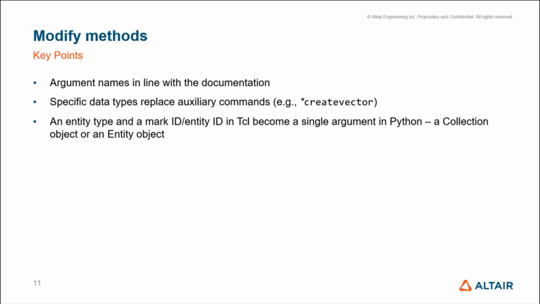Also, the signatures of those functions have been simplified to quite some extent. Wherever you see in TCL entity types in a mark ID or an entity ID, thanks to the object-oriented nature, we could just work with a single argument, either a collection object as an example here, or an entity object.